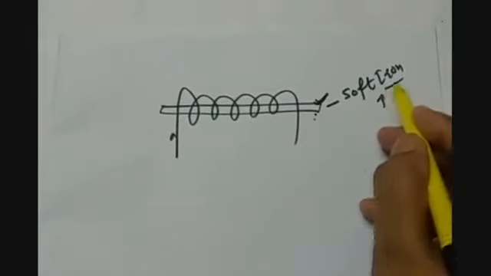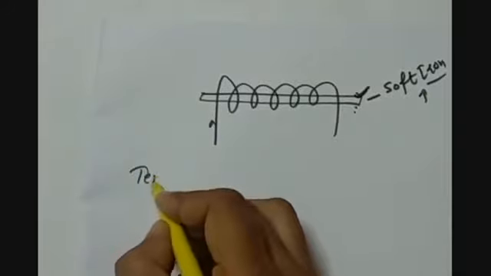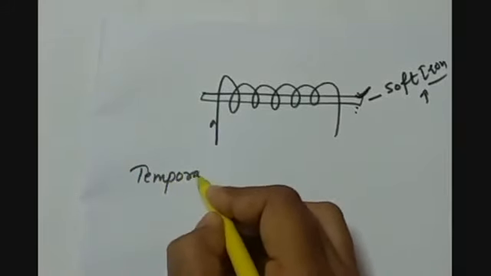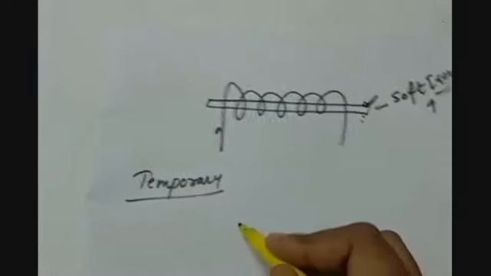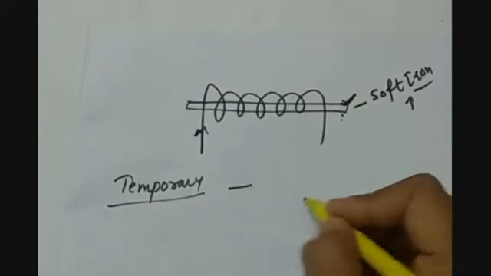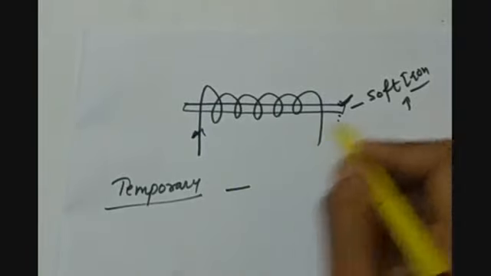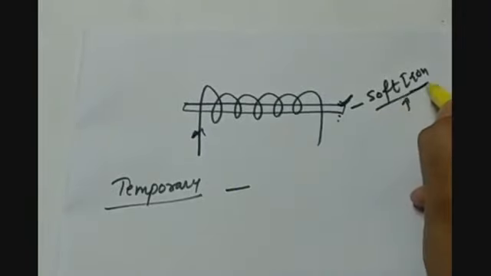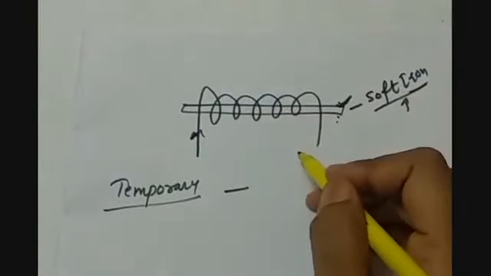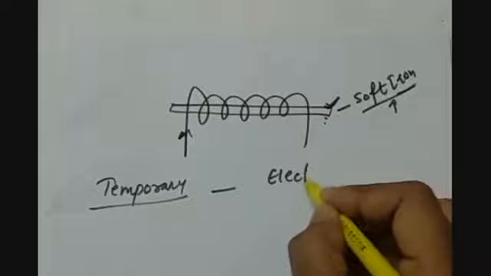So soft iron, when getting magnetized, forms temporary magnets. As soon as we stop the current flowing through the solenoid, it stops behaving as a magnet. That means the magnetic effect of the soft iron is there because of the flow of the current. So this kind of magnet is called an electromagnet.